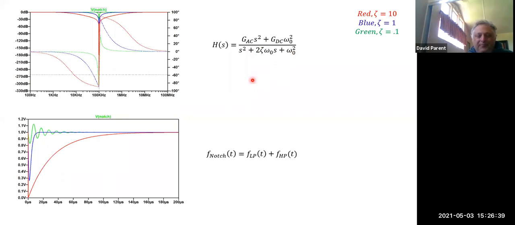Interestingly, all 3 of these have the same omega naught. The difference is the damping ratio. So it can be hard to estimate omega naught, but the fact that it goes almost to 1 is what happens when it's overdamped by a lot, because the damping is 10. When it's critically damped, zeta is 1, it goes down somewhat.